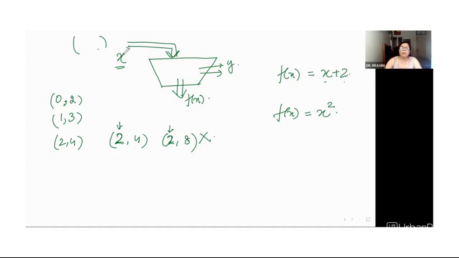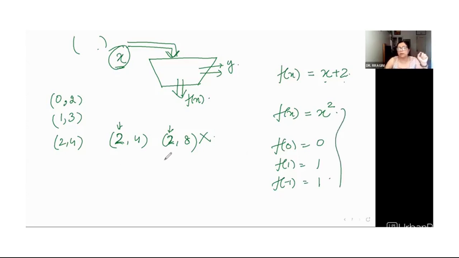So now my set of input has been changed from the set of whole numbers to the set of integers, right? Set of integers. Now what happens if I put f of 0, I get 0. f of 1 is 1. What is f of minus 1? It is also 1, right? So see, what is the difference here? That's why I have taken these 2 examples.